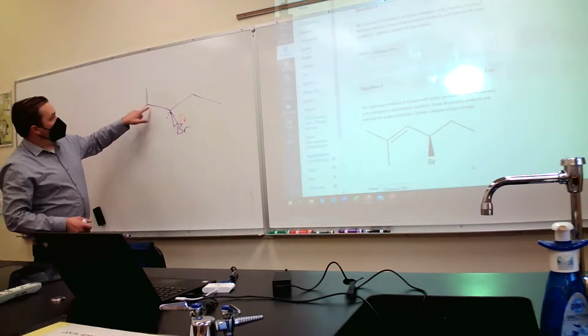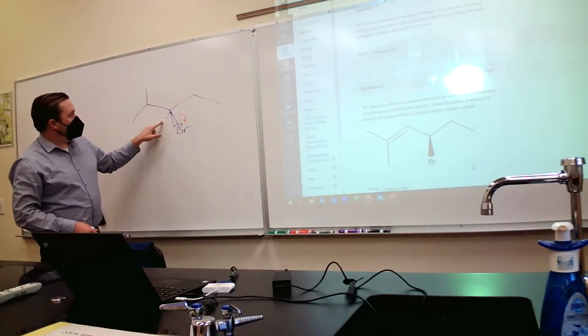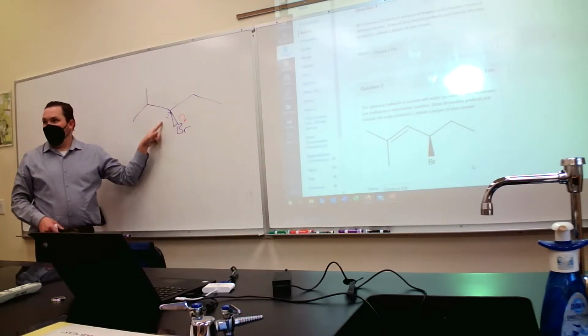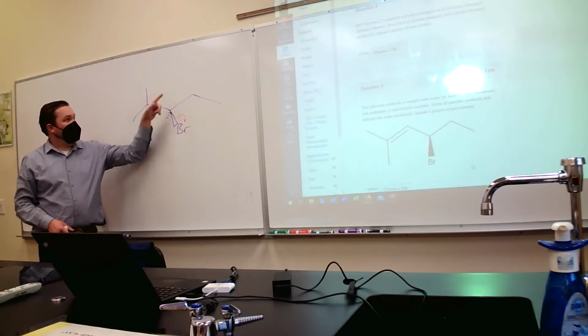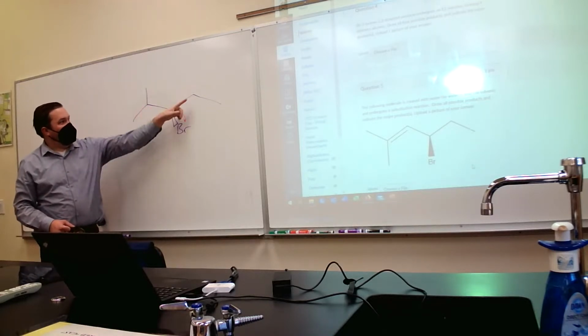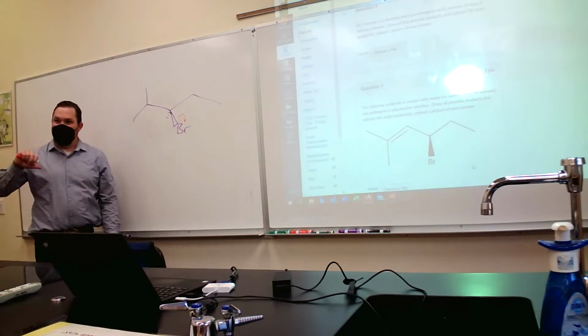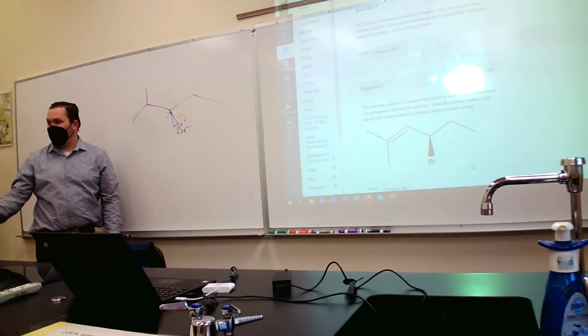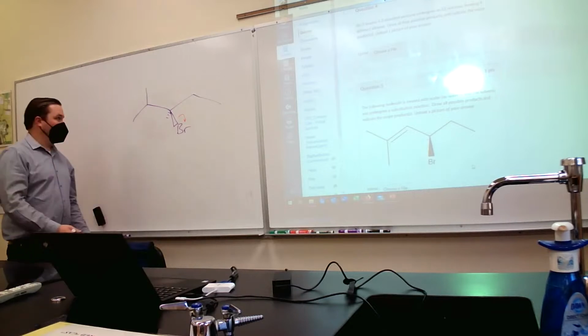Right, so since all 3 of the alpha carbons have a hydrogen attached to them, we could make a pi bond in any of these 3 directions, and if there's any that give us stereoisomers, that's a possible product as well.